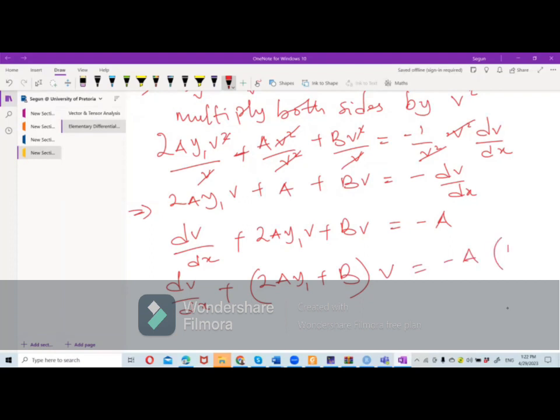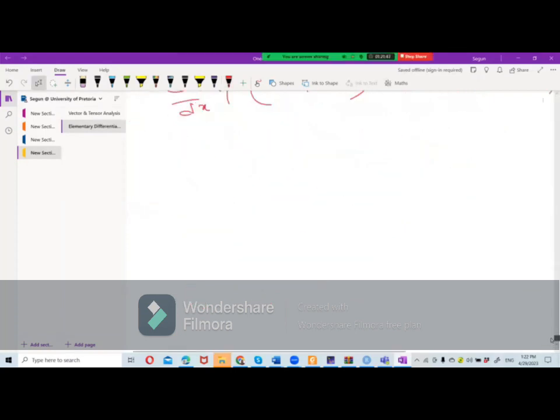At this point, we have a linear differential equation. So in this case now, we need to solve this one. How do we solve this?